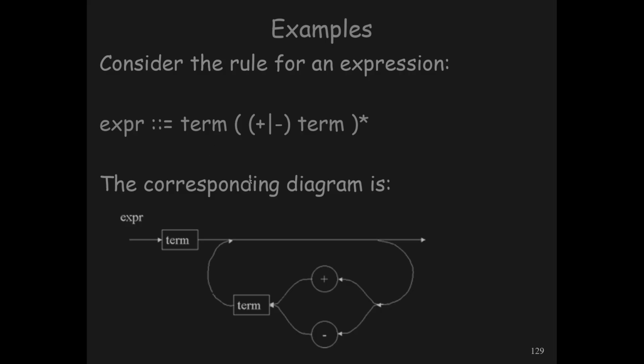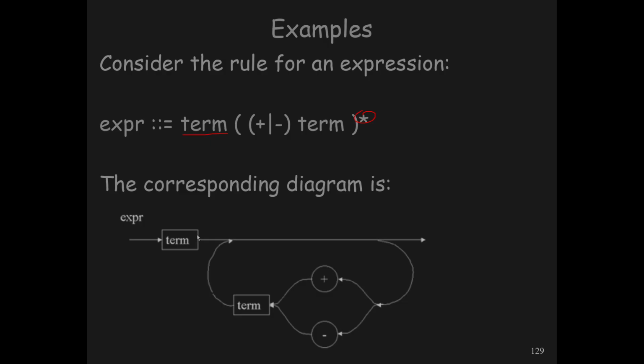So let's go back to this grammar for expressions. So an expression is a term, well, it's a sum or difference of terms. So you have a term plus a term minus a term, as many as you want. Okay. But you can also have just a single term, and that's why this is in a star. Okay.